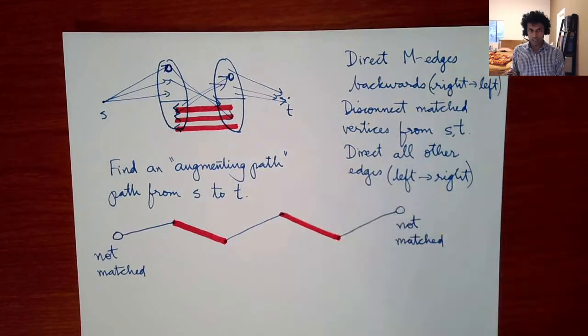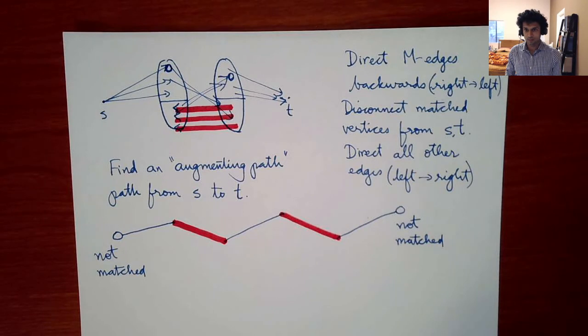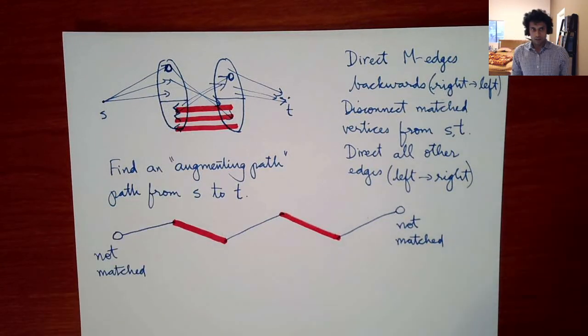So you have the basic idea. You need an odd number of edges to reach the other side because the graph is bipartite. So there are an odd number of edges, and if you observe, the number of red edges is strictly less than half of the path length.